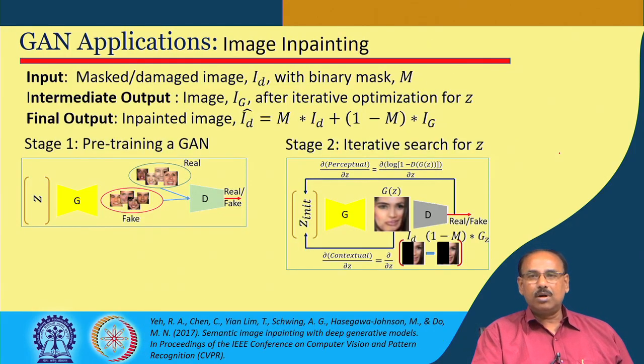This is a piece of work for image inpainting. Image inpainting is a problem where you have an input image with large areas where the information is not available or the image is damaged. So, we can try to fill up those damaged regions using the information of the overall image.